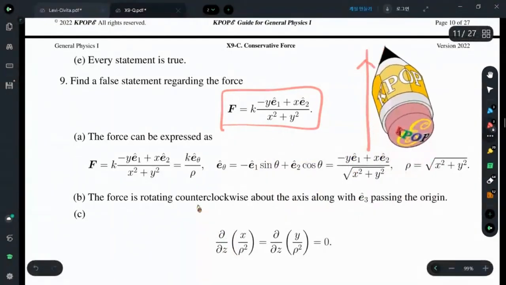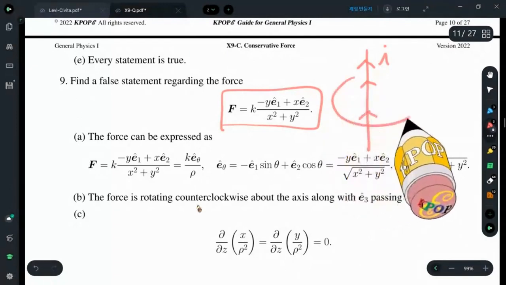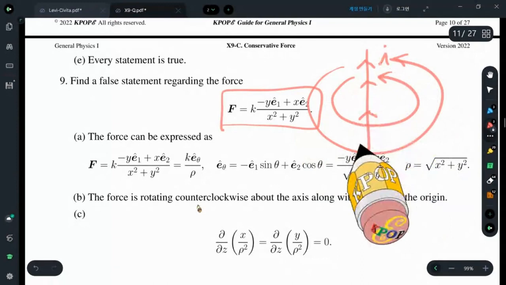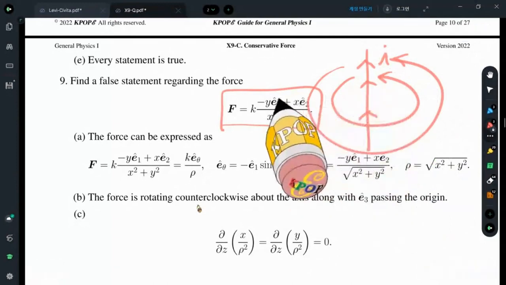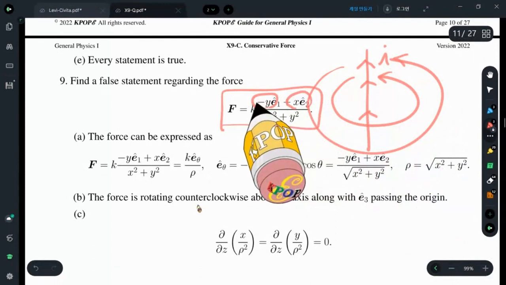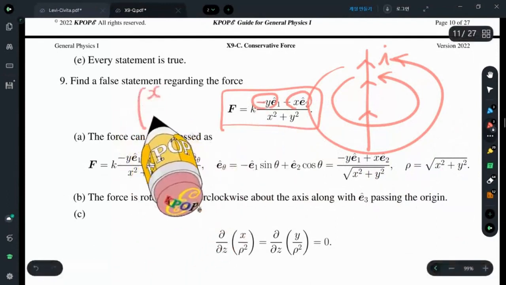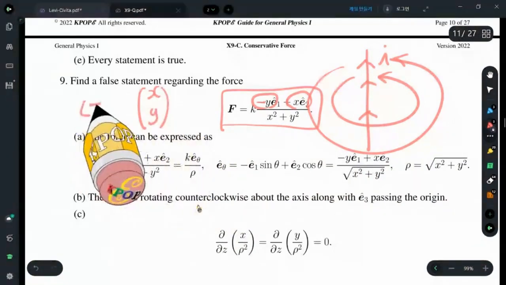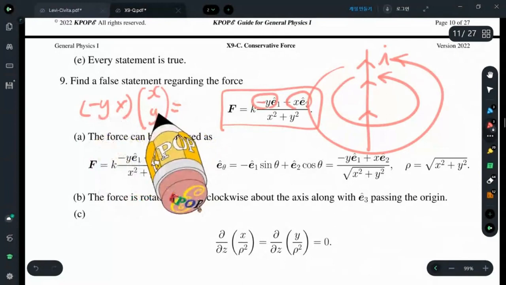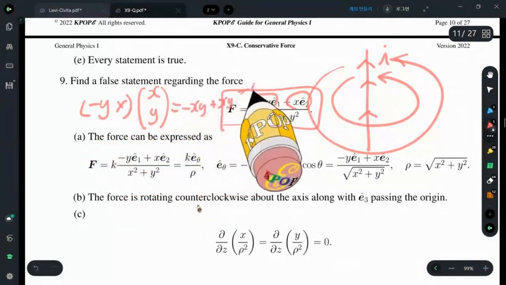The magnetic field when the current I is flowing along the z direction. Then the magnetic field is rotating about this wire. So this one shows x and y exchanged, and this has a negative sign. You can find that if you multiply this one, minus y and x, this is a scalar product. This is minus xy plus xy, that is 0.